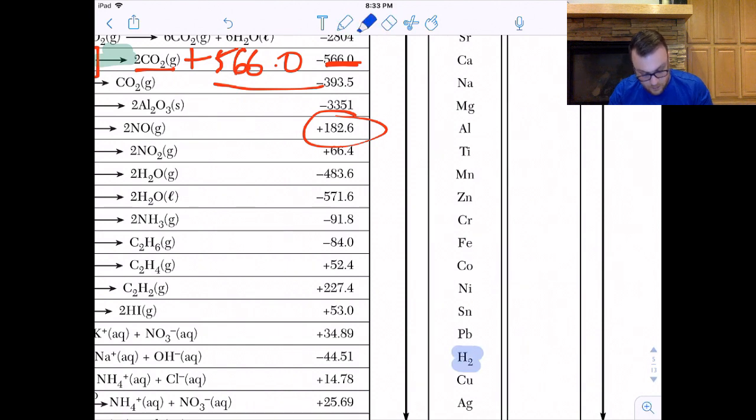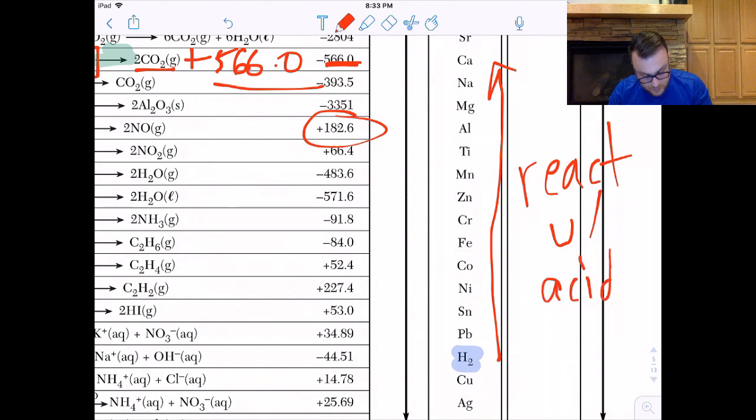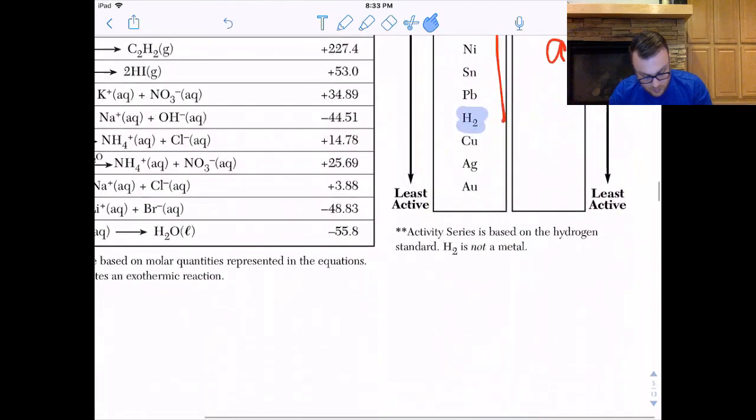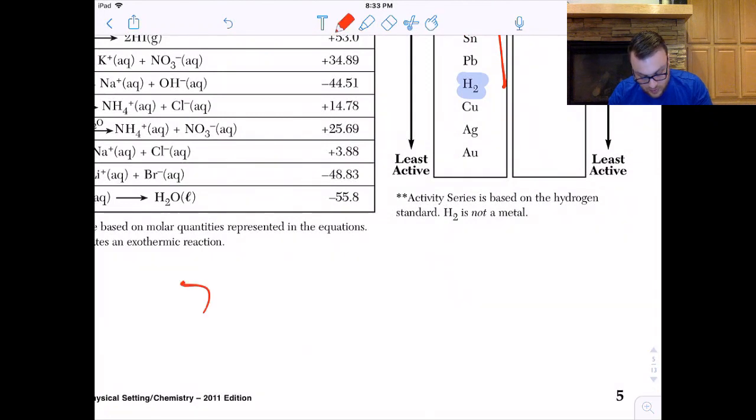For example, let's do Zn. If you react Zn with HCl, it is more chemically active than the H, so a single replacement reaction occurs.